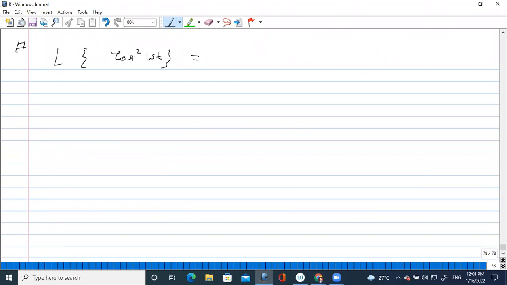Sir, 1 by 2s plus s by 2 into s square plus 4 omega square. That is 1 by 2 into (1 by s plus s by s square plus 4 omega square). Okay, so everybody is getting this.